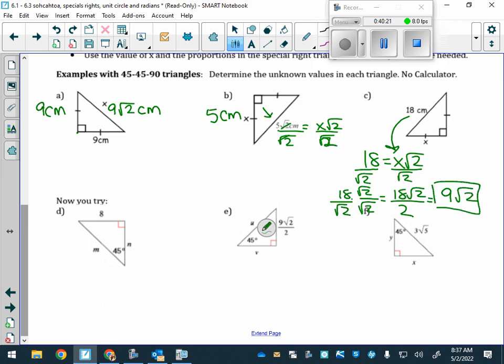So our missing side length is 9 root 2. Okay? And it's okay if you have a radical on these side lengths. Some people might see it and be like, oh no, that's supposed to be my hypotenuse. No, no, no, no, no. Okay? All right? So I want you to give D a try first. We'll do the others together. Give D a try.